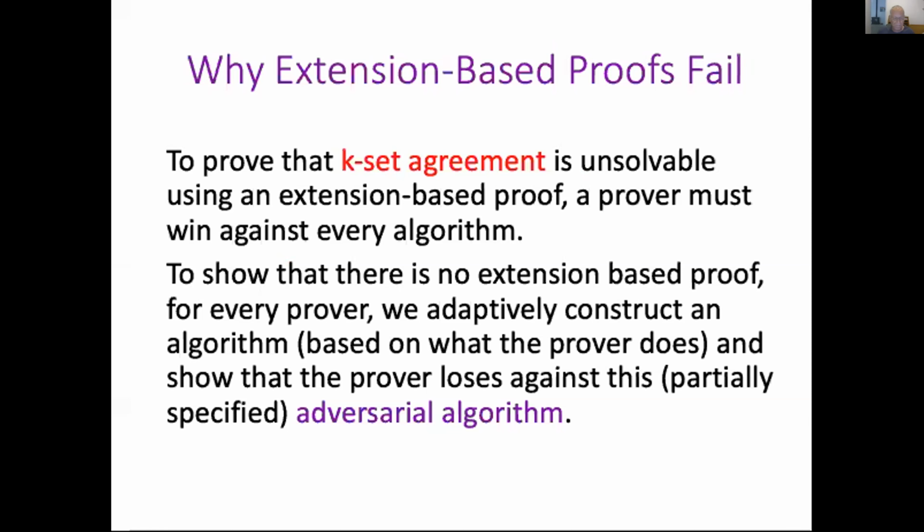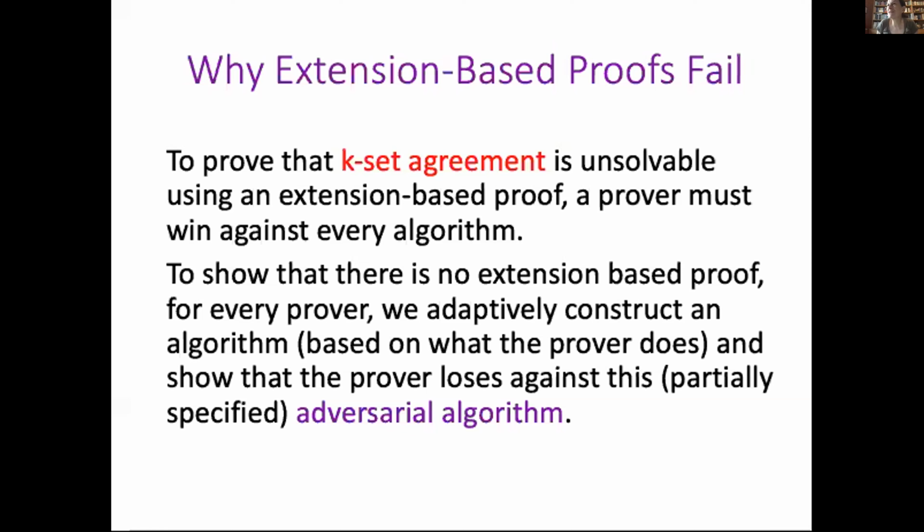So Faith, if I'm given the impossibility result for k-set agreement as a black box, starting from there, can I always prove things using extension-based proofs? No, not necessarily. Are you asking whether you can use reductions?